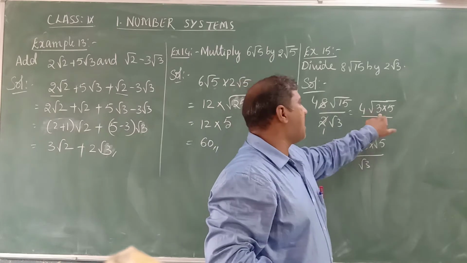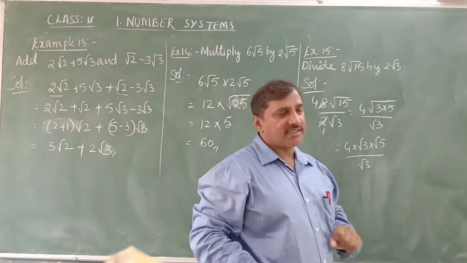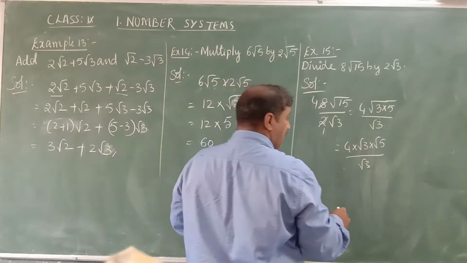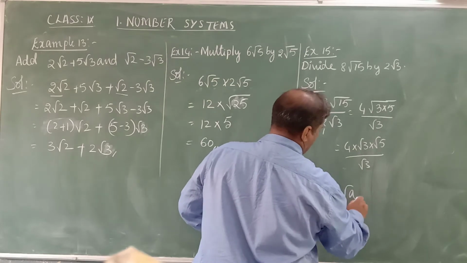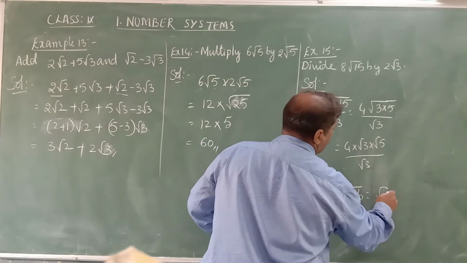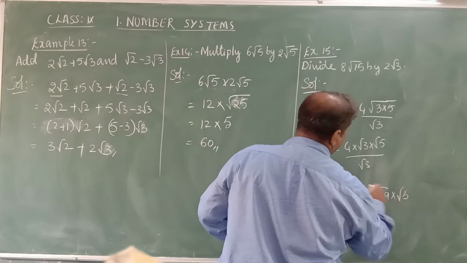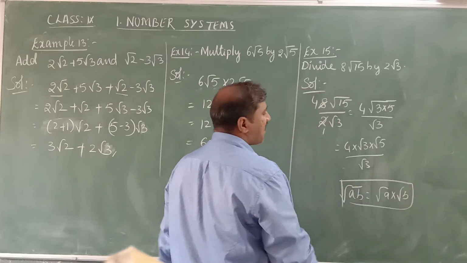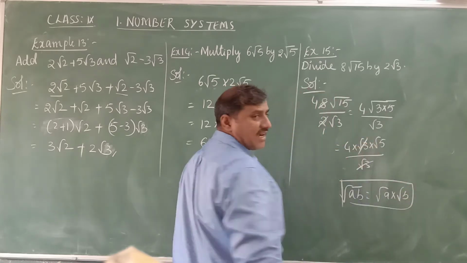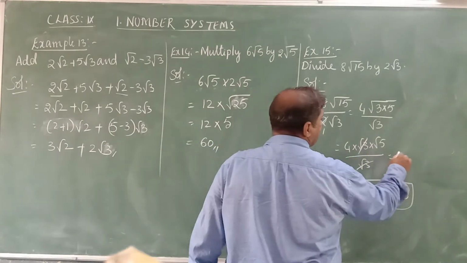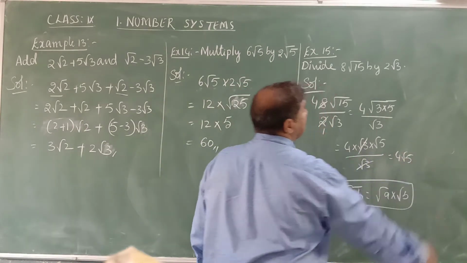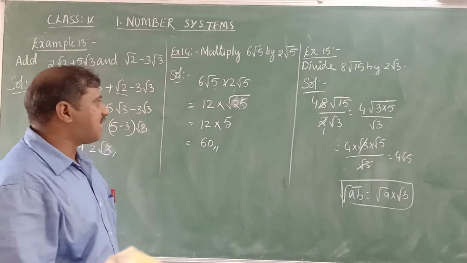So root ab is equal to root a into root b. This form we are using. Now here root 3 and root 3 are cancelled. Then what is left is 4 root 5. 4 root 5 is the answer.